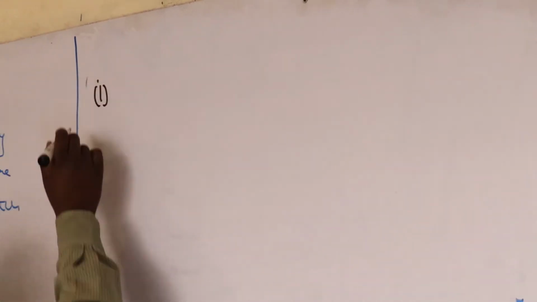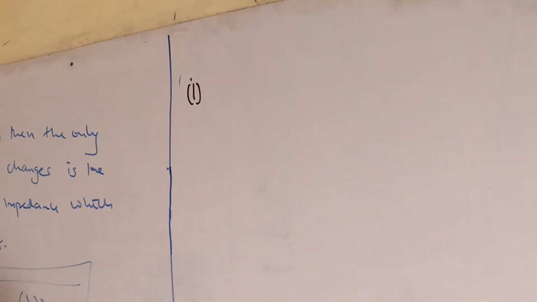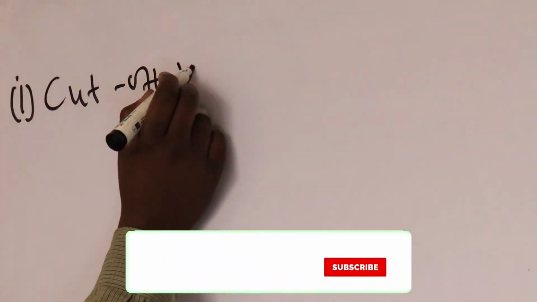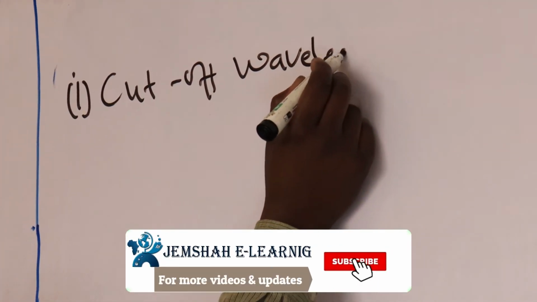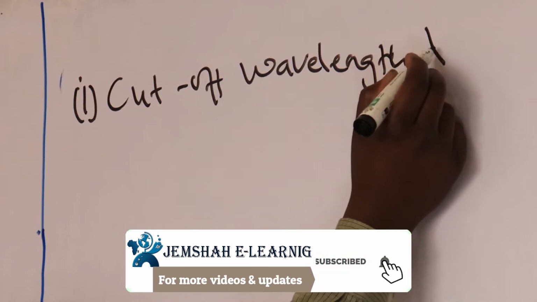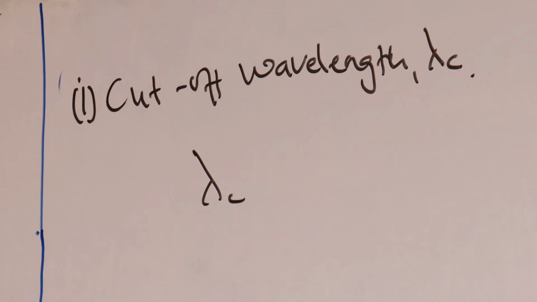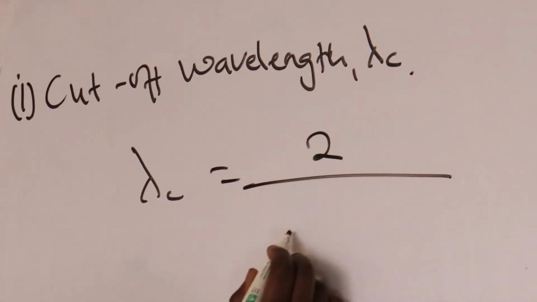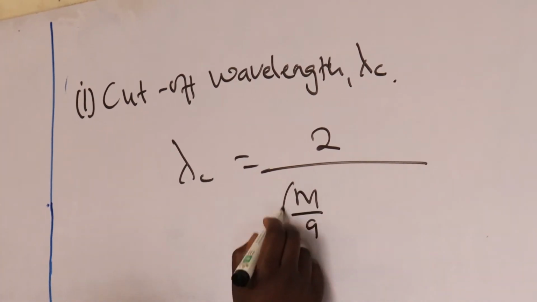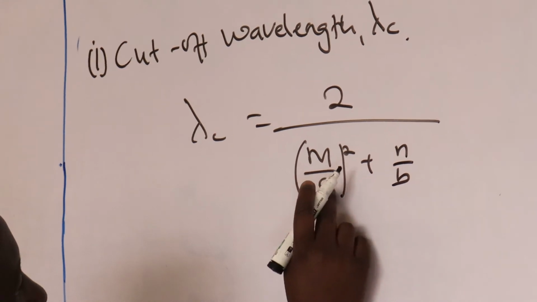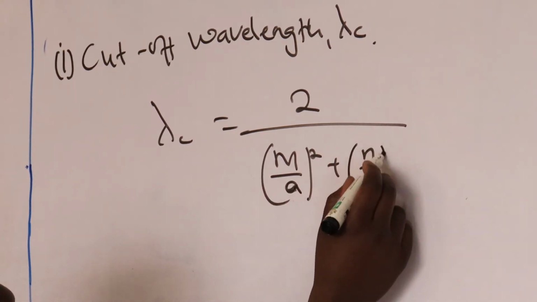So we're going to handle our first question, which is the cut-off wavelength. From the formulas that we have, our cut-off wavelength is given by 2 over the square root of (m over a) squared plus (n over b) squared.